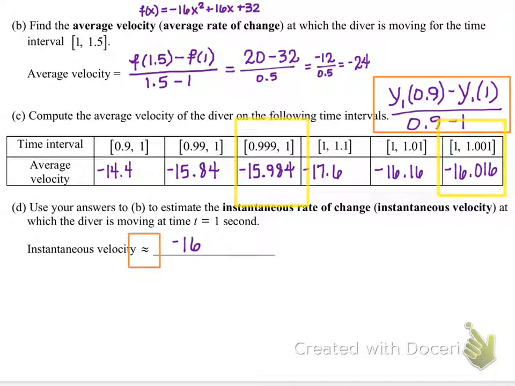This next thing, you must use approximately. Given the manner in which this problem is stated, we cannot say that our instantaneous velocity is exactly negative 16. We know that it is approximately negative 16.